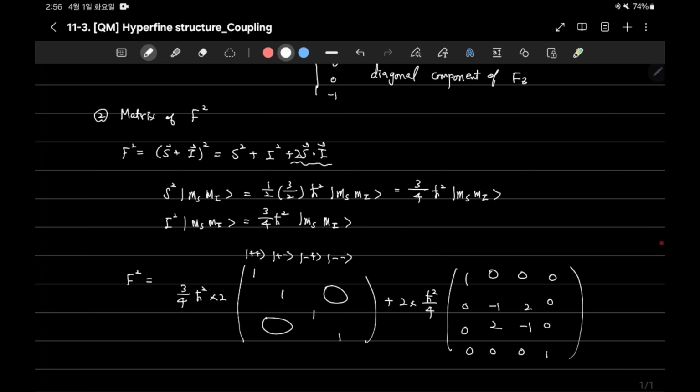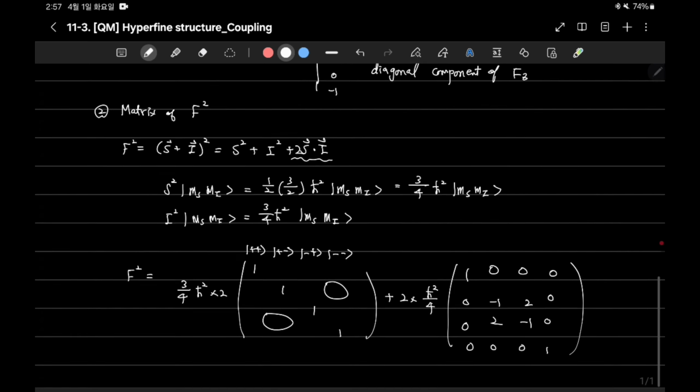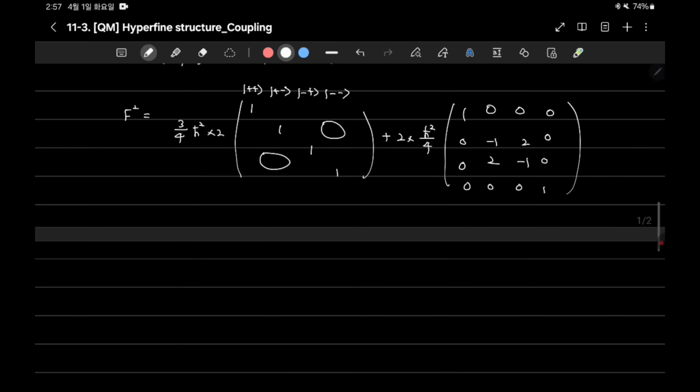This is the matrix of S dot I that we calculated last lecture. It is not diagonalized, so it should be diagonalized.